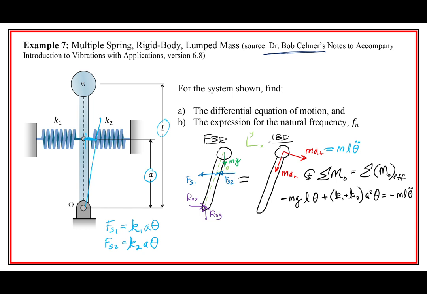So grouping these things together, this has the small angle assumption. I'm sorry, ML squared. Yeah, okay, because it was the M times L, but it needed a moment arm, so it had to be squared. It's mass times acceleration, but it's the effective moment, so it needs a moment arm on there, which in this case is simply L. So ML squared theta double dot.